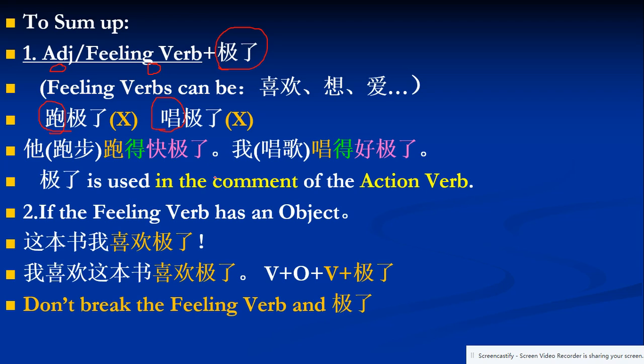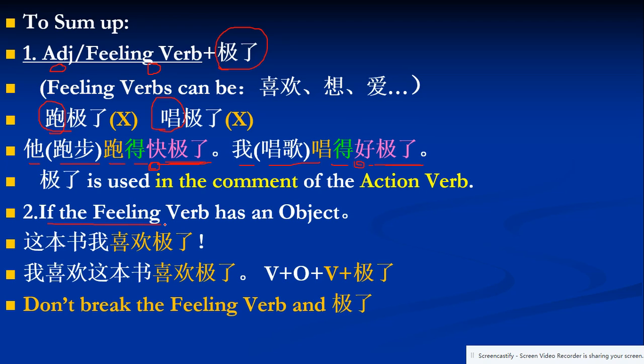If you have an action verb, you have to use 极了 in the complement system. In this way, it will still follow the adjectives. Like 他跑步跑得快极了, he runs extremely fast. 我唱歌唱得好极了, I sing extremely well.